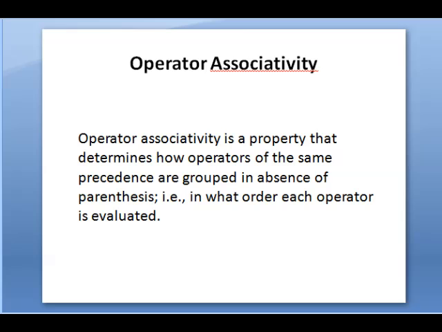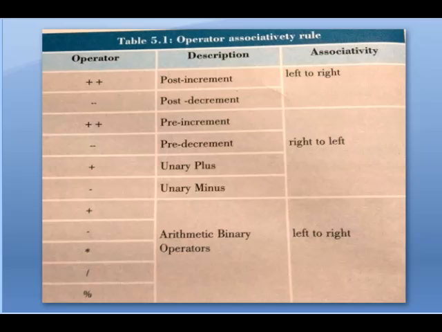So students, this table shows the operator associativity rules, which is in your book, page number 72. So in the absence of parentheses, how are you going to resolve an expression? First you have to see any plus plus operator, that is post-increment and post-decrement operator. I already told you that when you are going for the evaluation of an expression, we have to go from left to right.